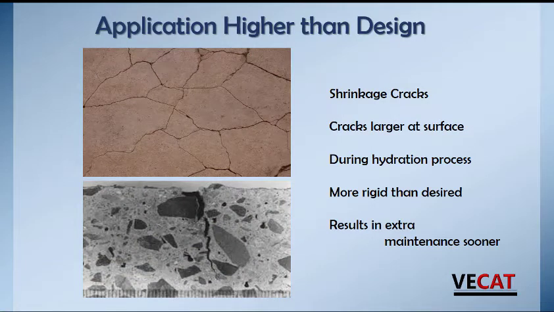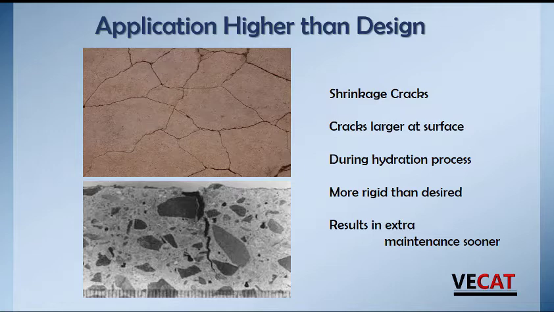All right, as we talked about a little bit, getting too much cement is just as big of a problem as too little. If you get too much cement, you create a concrete slab, which is very rigid. And if that rigid concrete slab is on a poor base or a poor load-bearing base, then you'll get cracks.